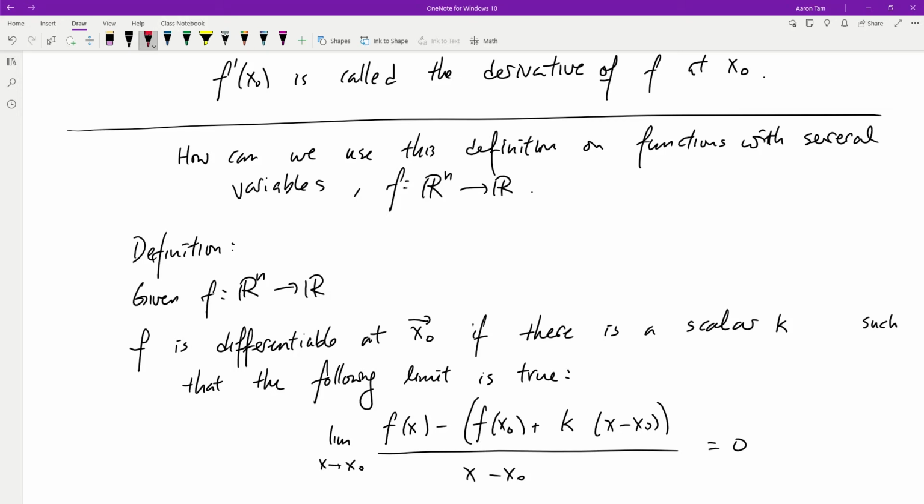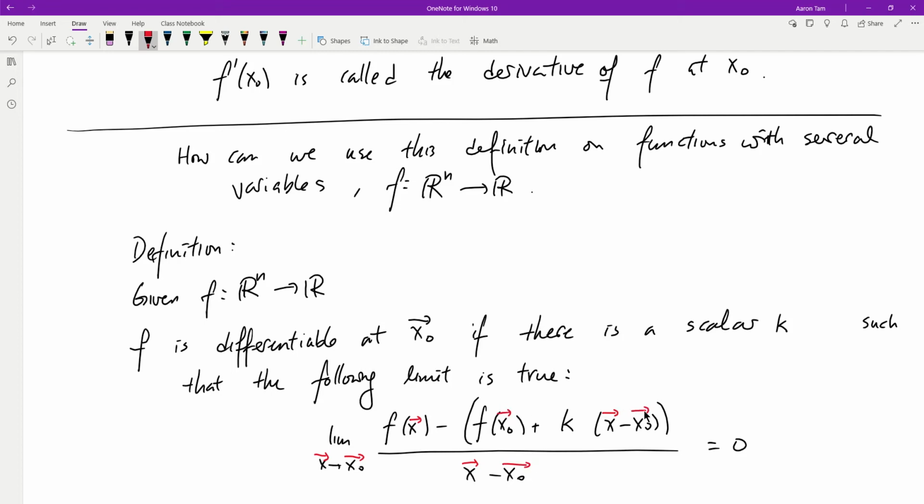So how about we fix that right now? Notice that this function f takes in a vector, so the input is not just x but vector x. And we established that x sub 0 has to be a vector, so I'm going to put that as a vector also.